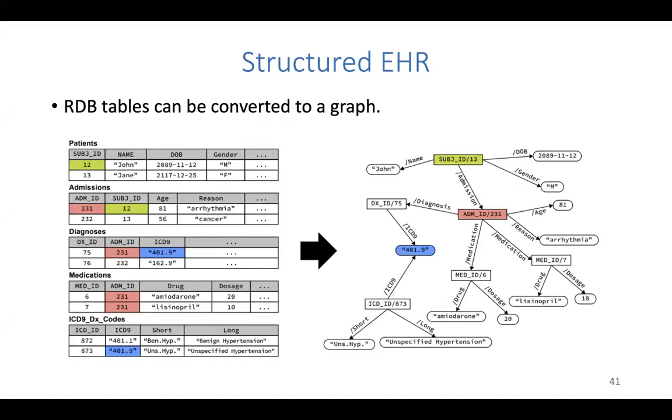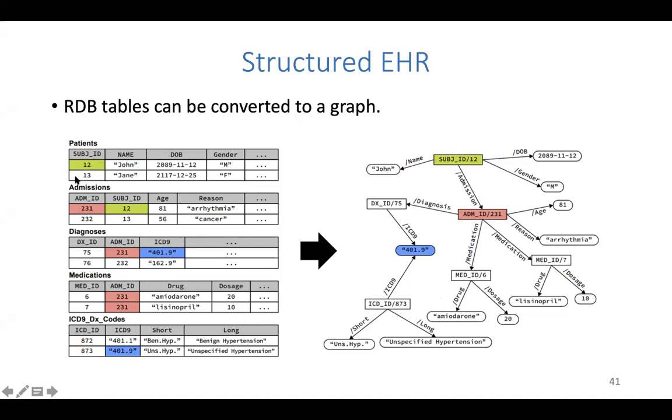And as I said, again, relational database tables can be converted to a graph. So obviously here, if you want to do something for a patient named John, then you can look up the name John in the patients table, and see that his subject ID, or unique patient ID, is 12.